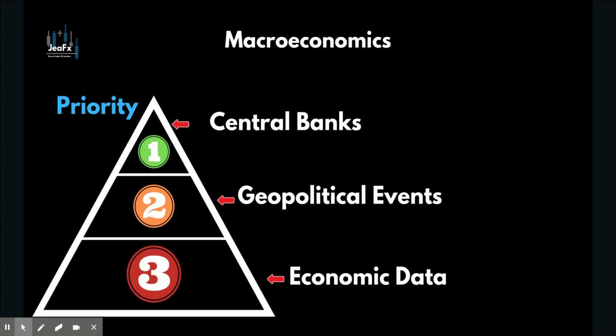At the bottom of the hierarchy, we have economic data, which refers to individual pieces of information from each economy and from each country that sway currency values, okay, and will one way or the other affect the way that a currency trades. The economic data, however, is short-term effect information, things that are not massively going to affect currencies for long term.